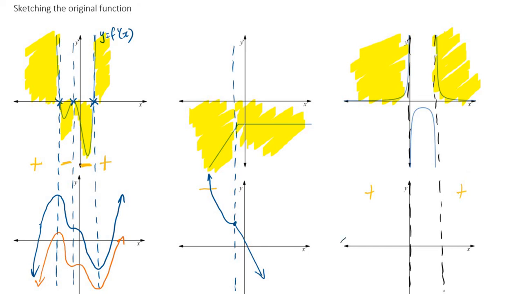So essentially the same. And then here we have a function that is always decreasing and never hits zero. So the only way for that to work and for it not to cross the asymptote is to do that. So there is a point of inflection there, but it doesn't become zero.